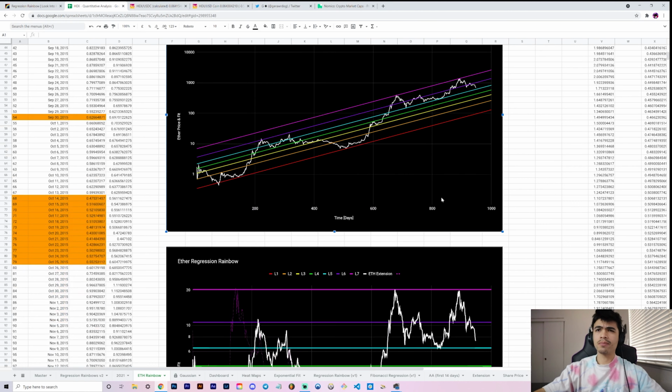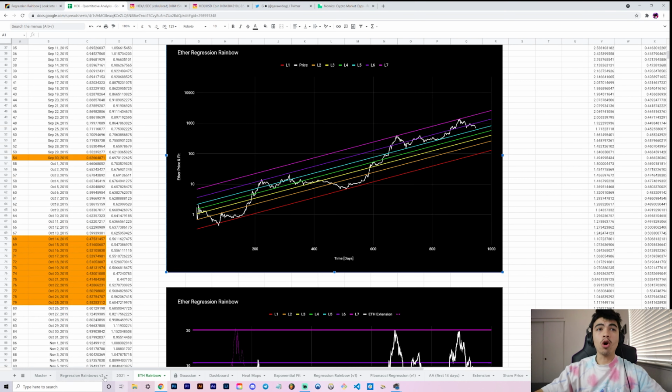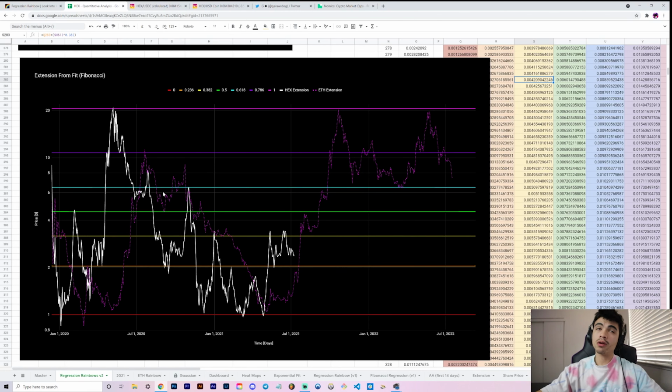So pretty interesting. And so if you overlay the ether regression rainbow, or underlay, beneath the extension from fit for Hex, then you can see, like I was saying, ether only reached purple, whereas Hex reached pink, and it looks like Hex is performing faster and a little harder than ether up to now, at least on some points, right?